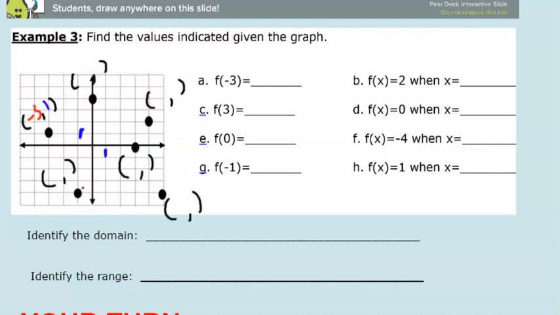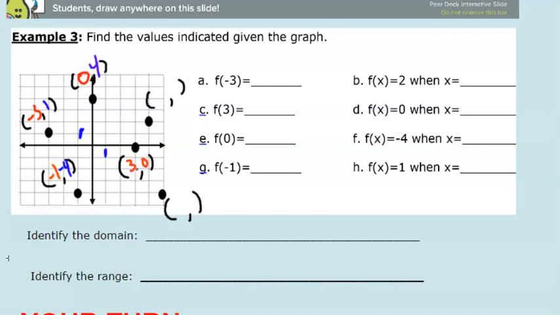And then this point right here would be (-1, -4). This point right here would be (0, 4). This point right here would be (3, 0).